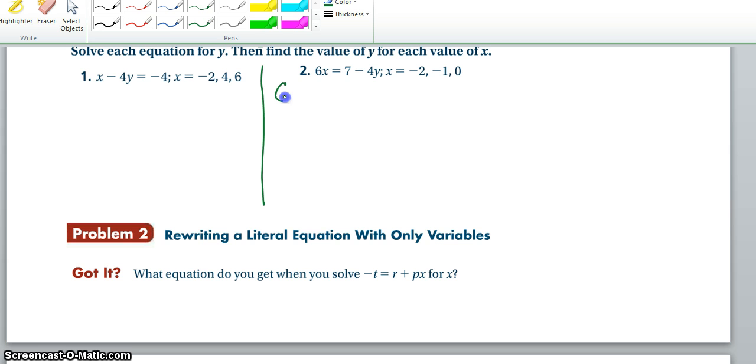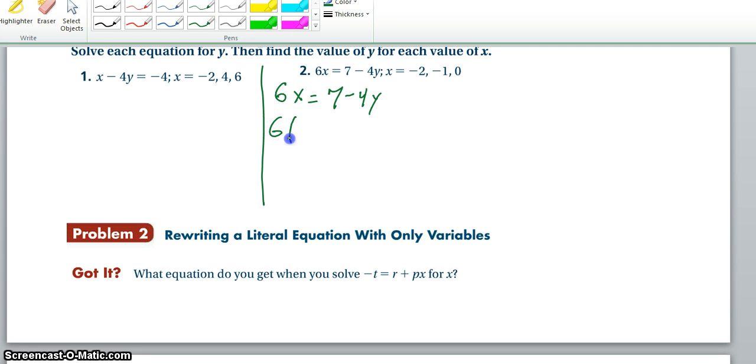Alright, I've given us a bit more space here on our page. So we have 6x is equal to 7 minus 4y, and we're going to be plugging in for x. Let's go ahead and take the other method and try plugging in and then solving. And actually I may show both here.